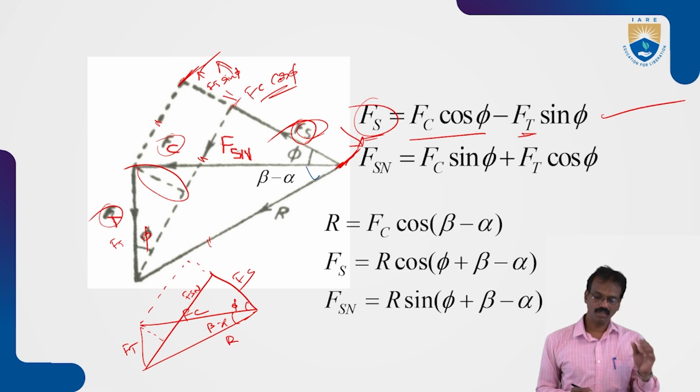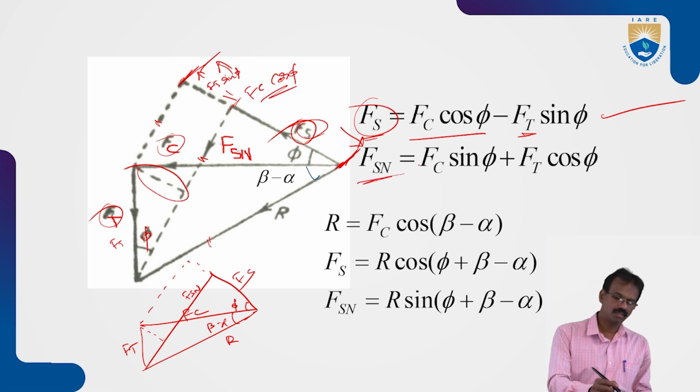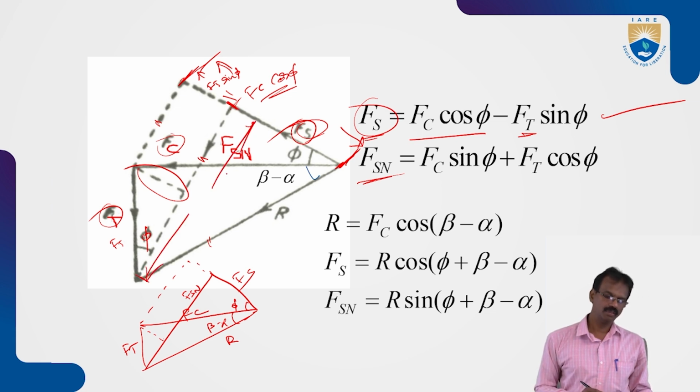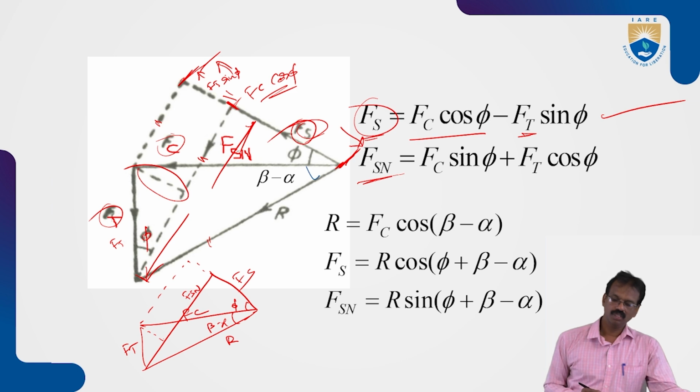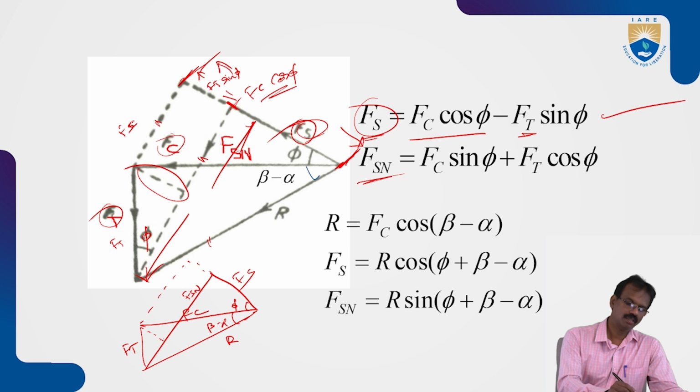In a similar manner we can find out the Fsn also. Fsn is the distance from this place to this place. Fsn is equal to, first, Fc sin phi. So this is the distance you are taking, and this distance is nothing but this distance.